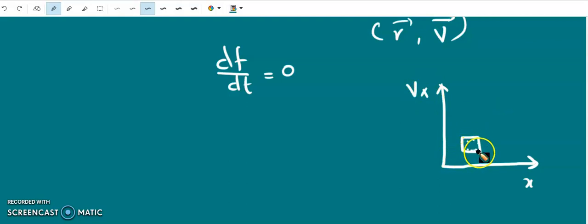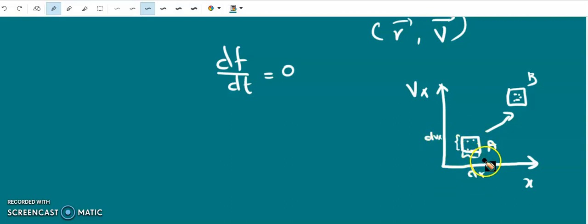Here, another region B. Then the group of particles in the infinitesimal element dvx into dx, this is dvx and this is dx. Okay. So this is having an area dx into dvx.